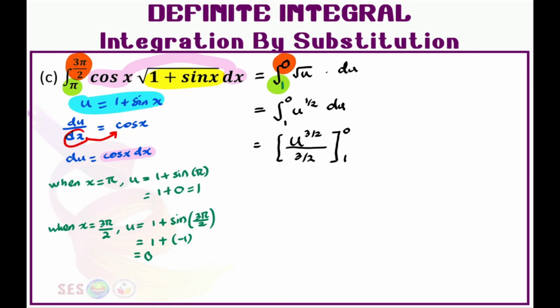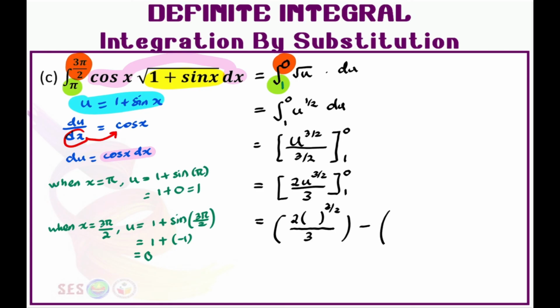Okay, so if I simplify my answer here, it will be 2u to the power 3 over 2, over 3, with limits 0 and 1, and substitute. So now I have 2 bracket, 3 minus.